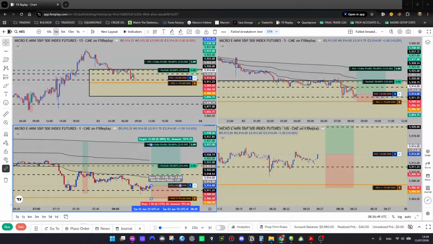This trade is taken with increased risk of 2 macros to see whether price will continue and break out the previous DVA high.